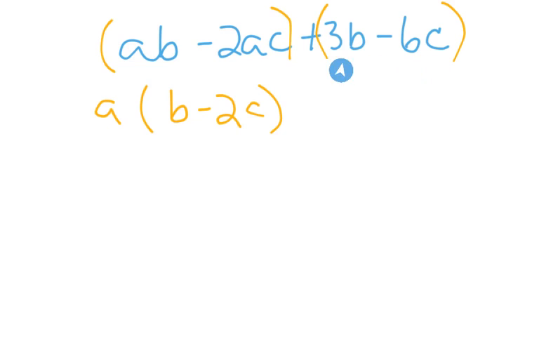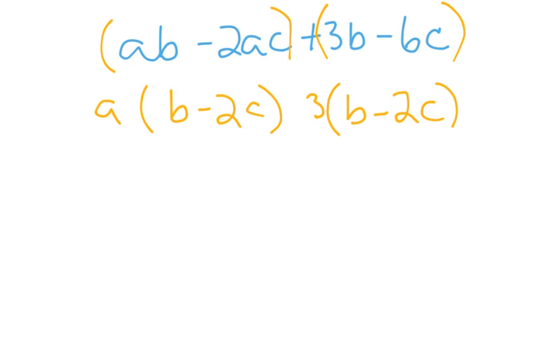And we come over here. Looks like we just have a 3 in common. We have a 3 and a negative 6. Well, I can take out that 3, times the quantity b minus 2c. And look, they match up. We're good to go. Now, is this positive or negative, this 3 right here?